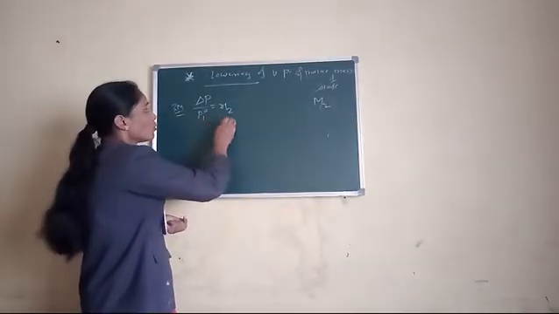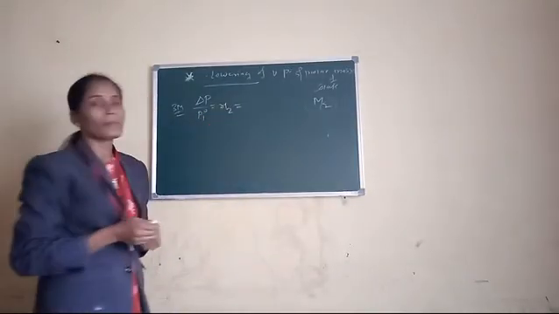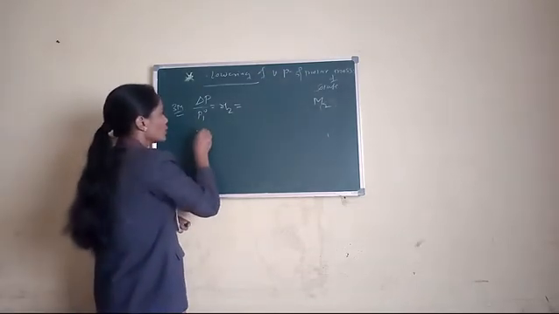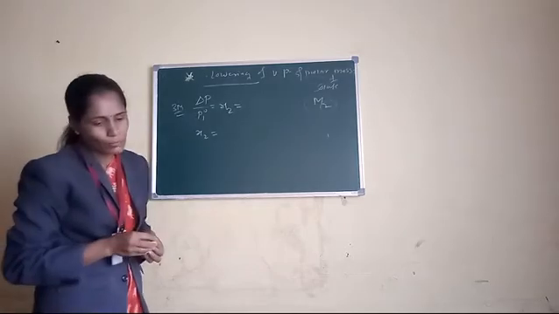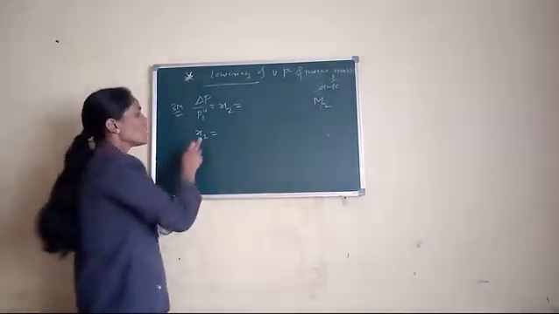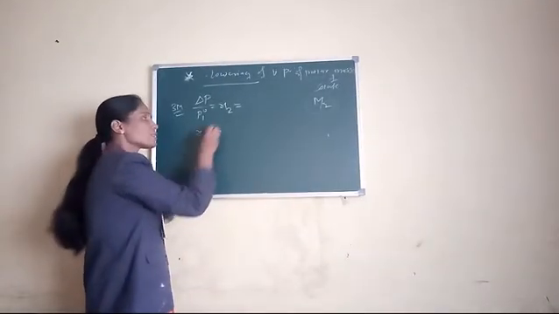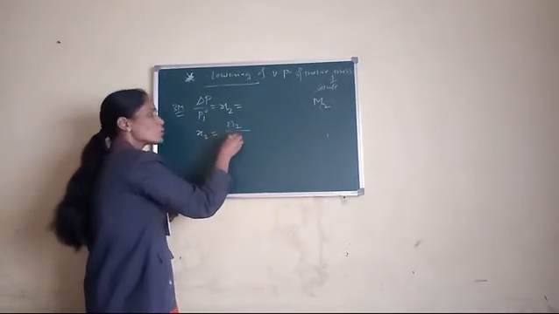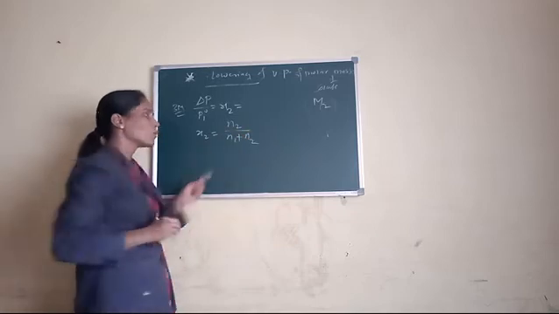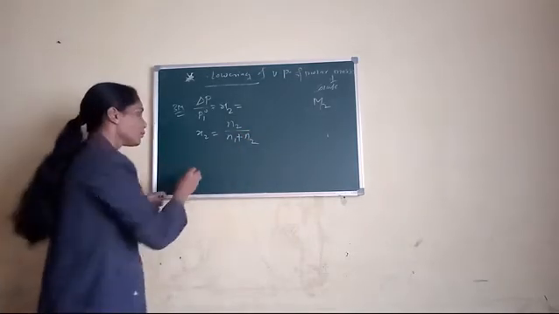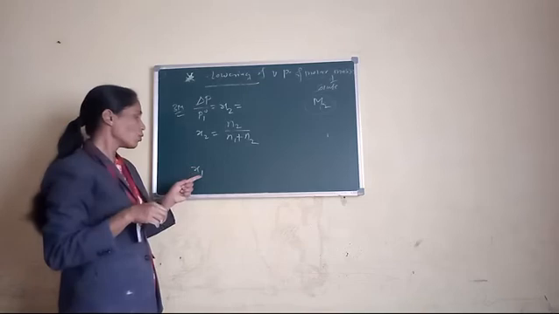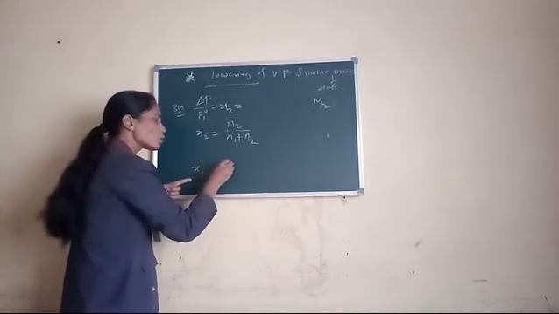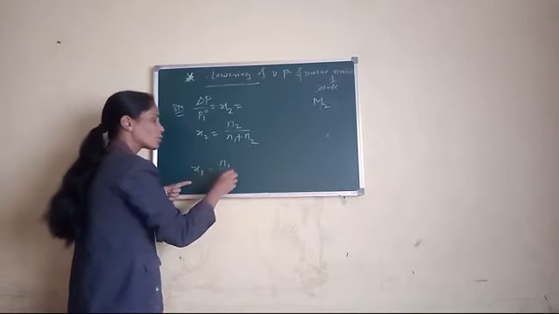By this formula, X2 is the mole fraction of solute. Therefore, X2 is equal to moles of solute, N2, upon moles of solution, N1 plus N2. If X1 is the mole fraction of solvent, it is moles of solvent upon moles of solution.